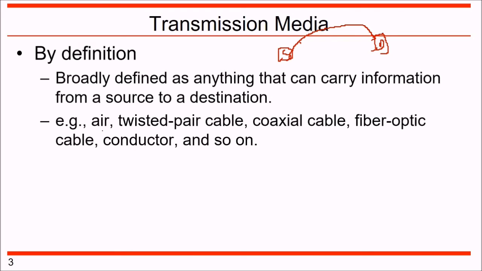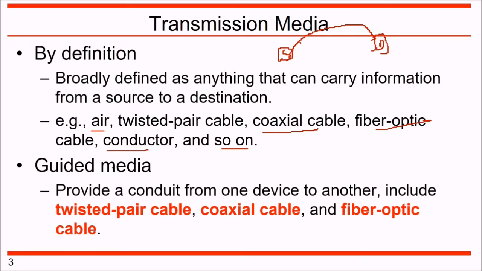For example, it can be air, it can be twisted pair cable, coaxial cable, fiber optic cable, conductor, and so on and so forth. Guided media provide a conduit from one device to another. That means there is a physical wire, say copper wire or optic wire, from one destination to another.